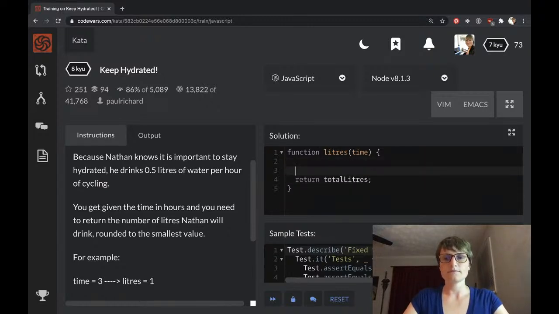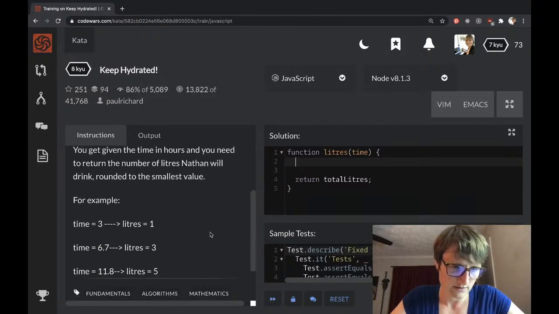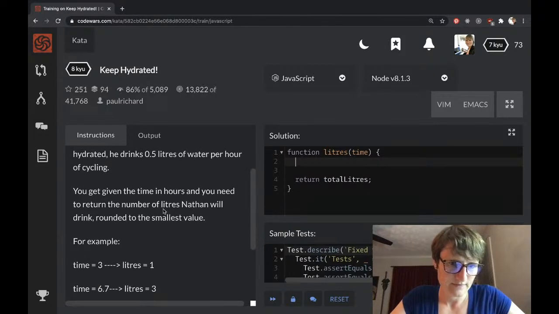I'm going to return total liters, and I'm going to do a math floor on the result that I get so that it's rounded down to the nearest integer, rounded to the smallest value. Okay.